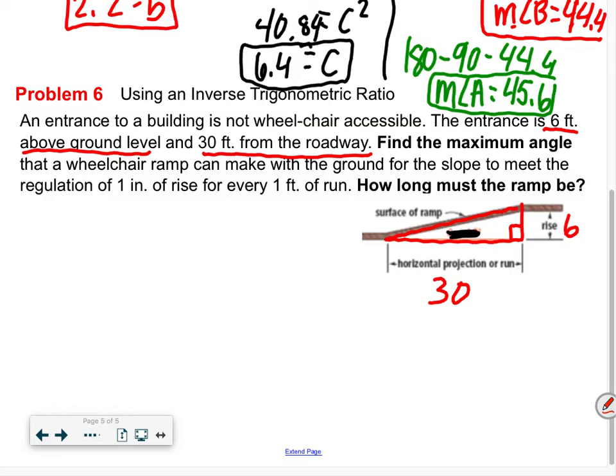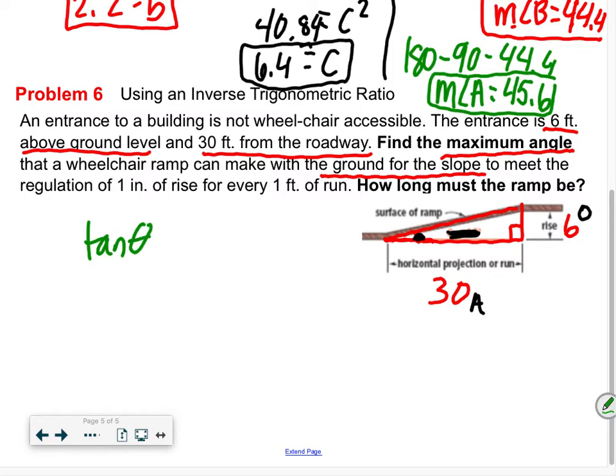First, let's find the maximum angle. Well, that's this. That's the angle I want to find because it says with the ground for the slope. So ground, this is my angle I'm looking at. This one right here. So how do 6 and 30 relate? Well, 6 is opposite my angle, 30 is adjacent. I've got OA, so I'm looking at tan.